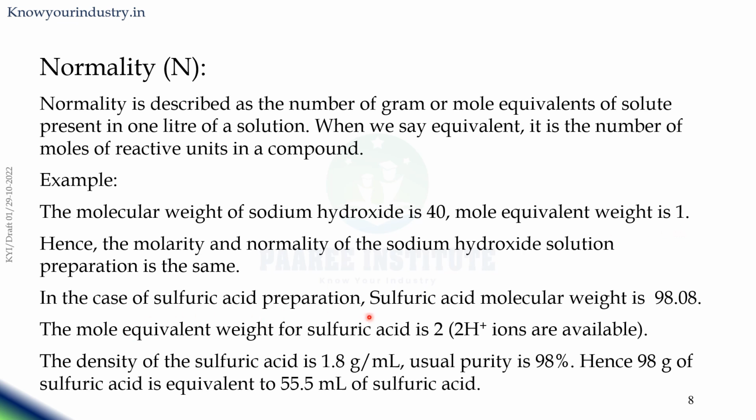But sulfuric acid, H2SO4, has 2 hydrogen ions as reactive units, hence the mole equivalent of sulfuric acid is 2. How you prepare 1 molar and 1 normal solutions of sulfuric acid, we will see as an example in the next slide.